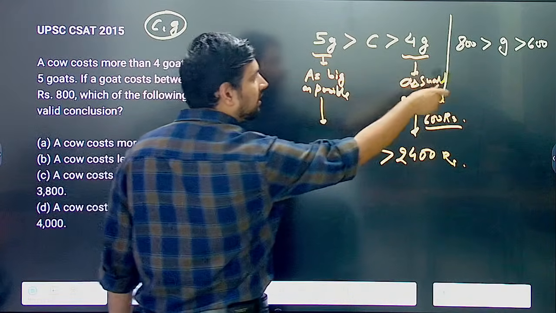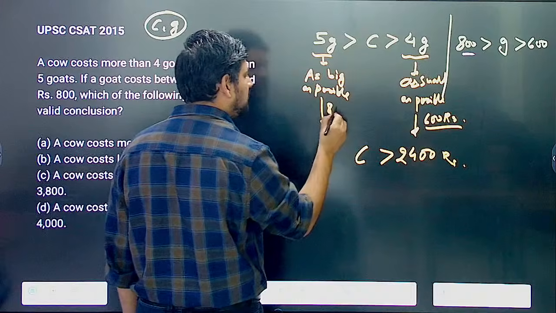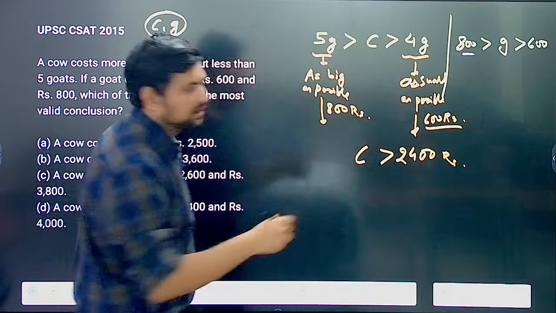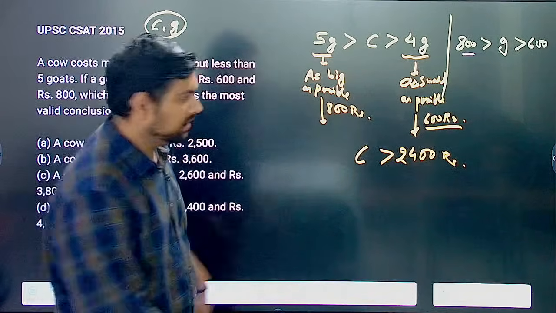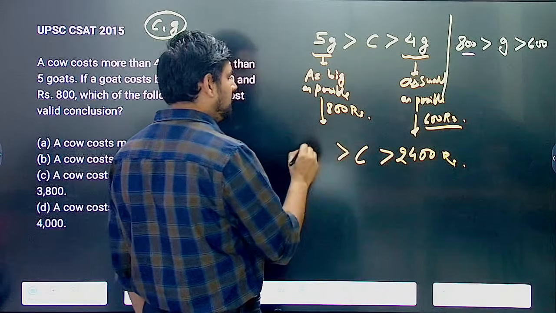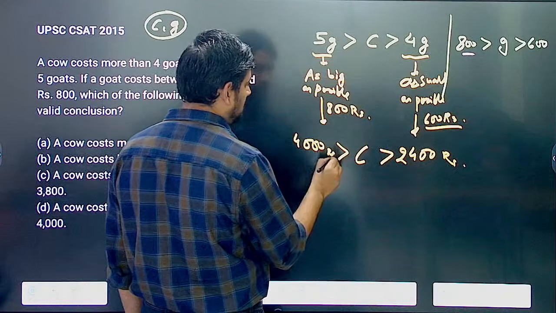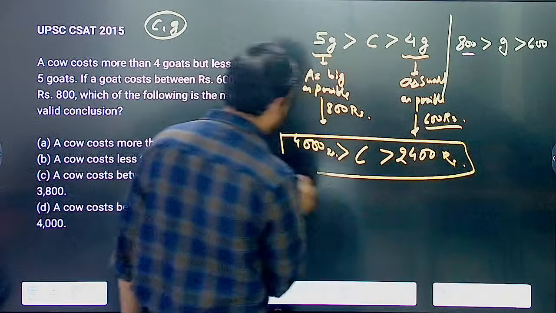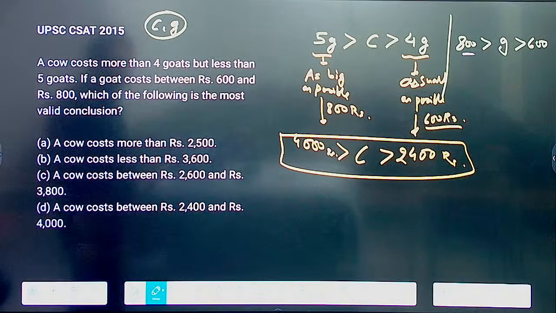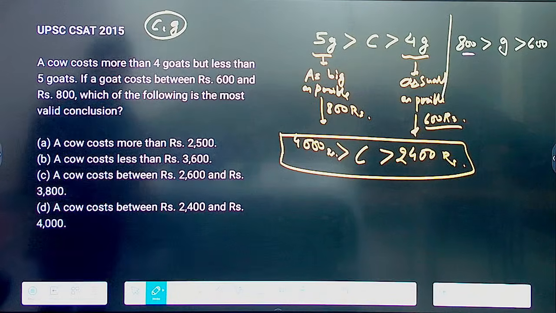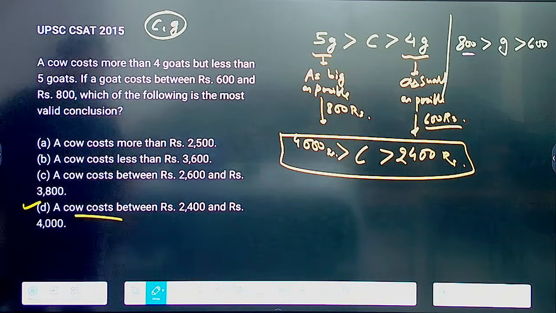So what will you take? The maximum cost of goat, that is 800 rupees. So this becomes 5 into 800, that is 4000 rupees. So the cost of cow is between 2400 and 4000. Yes, D becomes the answer.